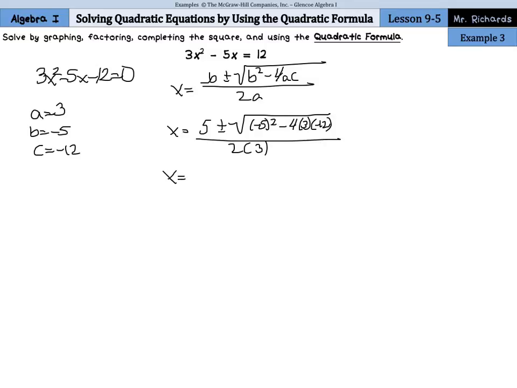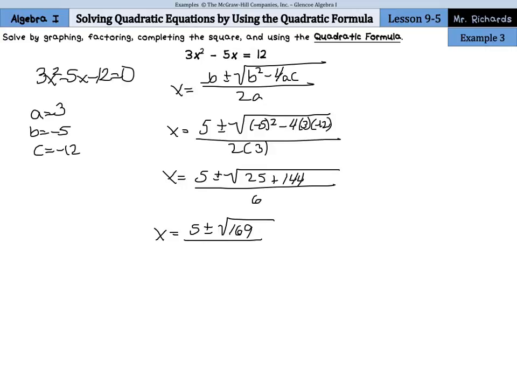So x is going to equal 5 plus or minus the square root of 25 plus 144, all divided by 6. So x is going to equal 5 plus or minus the square root of 169, all divided by 6.